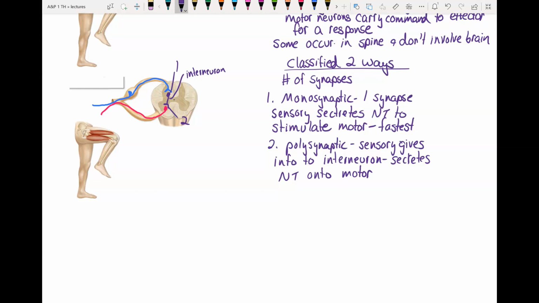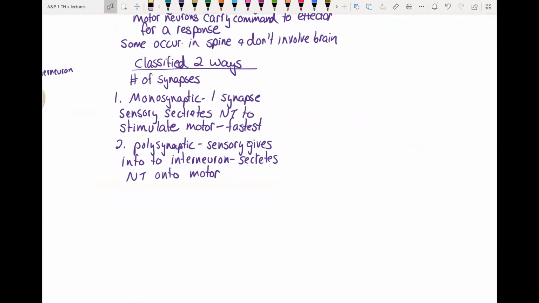The other way we can classify the reflexes is by sides of the body involved. Both of the examples I've drawn so far are ipsilateral, because the stimulus and the response occur on the same side of the body.